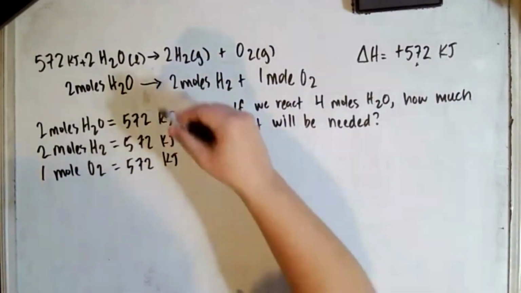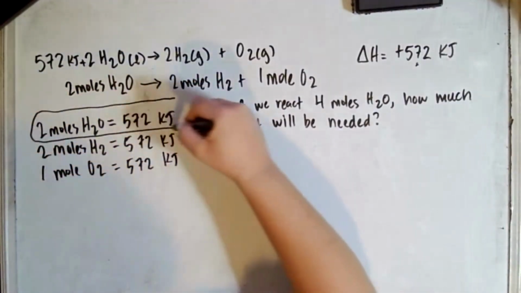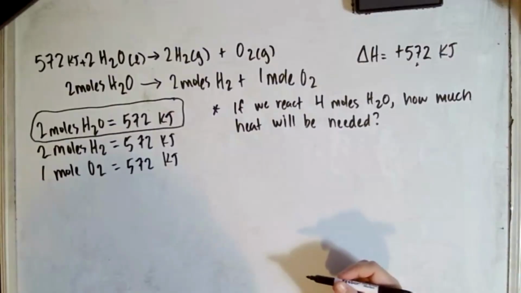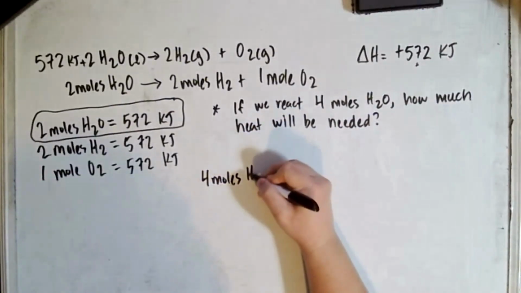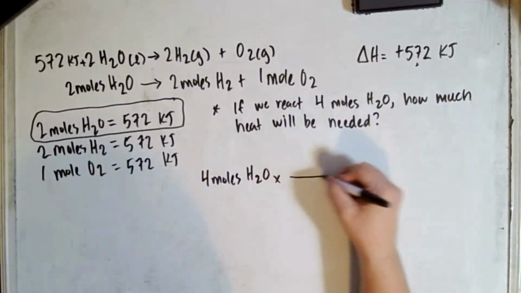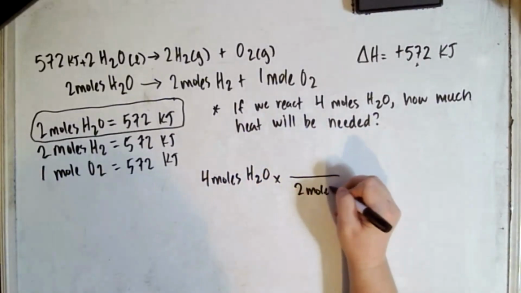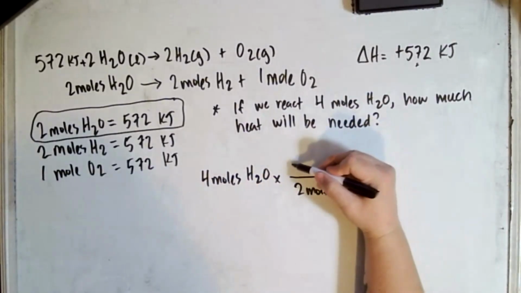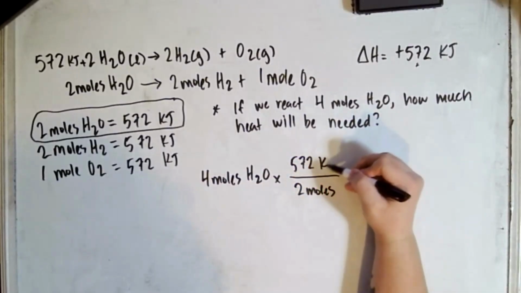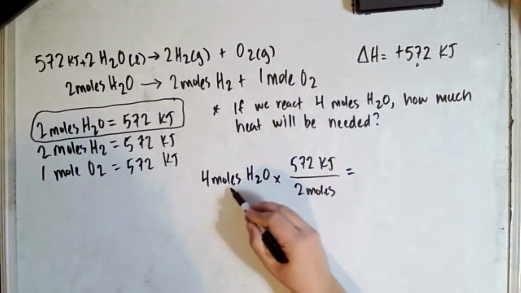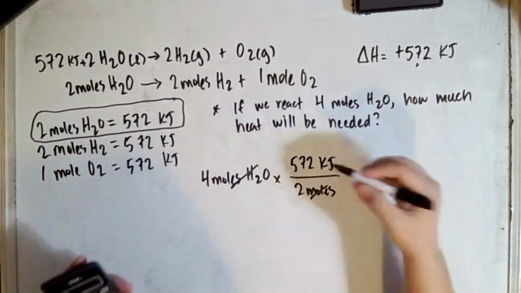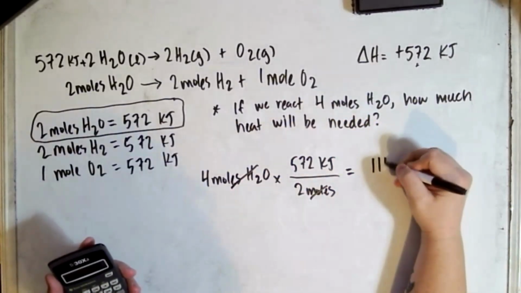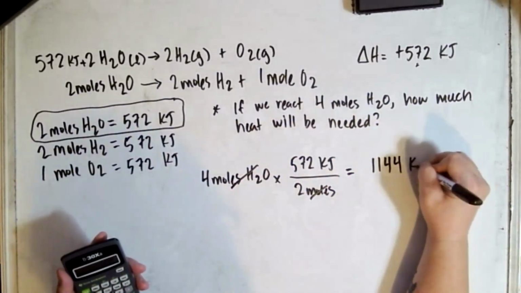I know that for every 2 moles of H2O, I'm going to need 572 kilojoules of heat. So if I have 4 moles of H2O, I know every 2 moles is going to require 572 kilojoules. So if I have 4 moles, I'm going to need to have 1,144 kilojoules of heat.